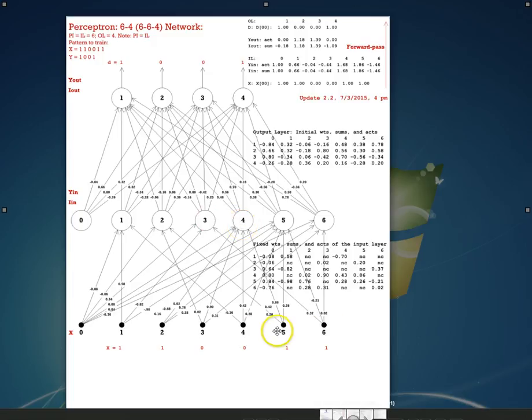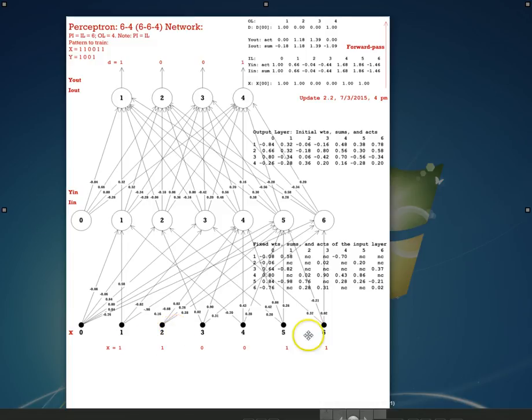So this is the primary input vector, and this is the input layer, the number of elements in the input layer. For this particular network, what I have seen through this software is that whatever the number of primary inputs that you have, the input layer would have the same number of elements.